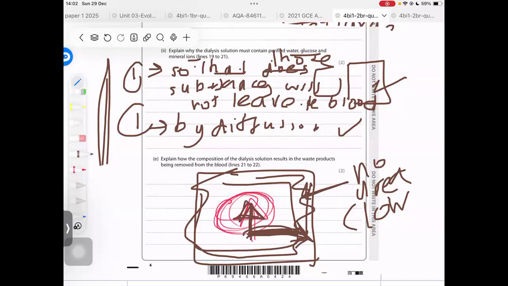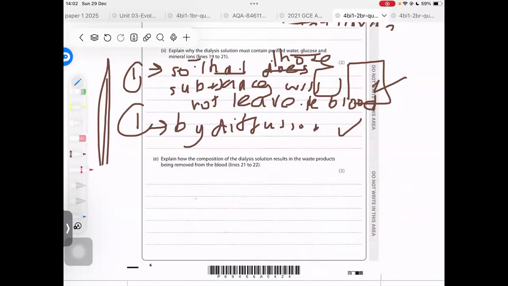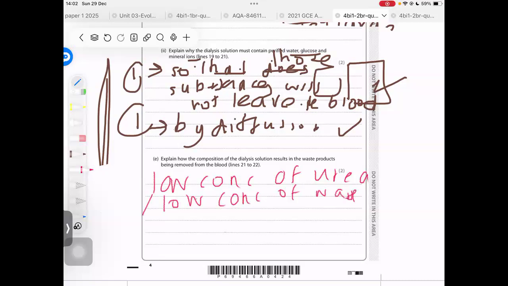So the first point that you have to write is low concentration of urea, or low concentration of waste products, in the dialysis fluid, right?